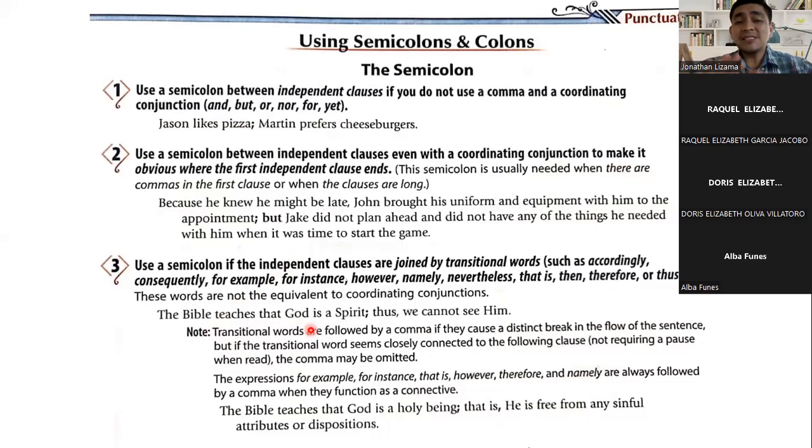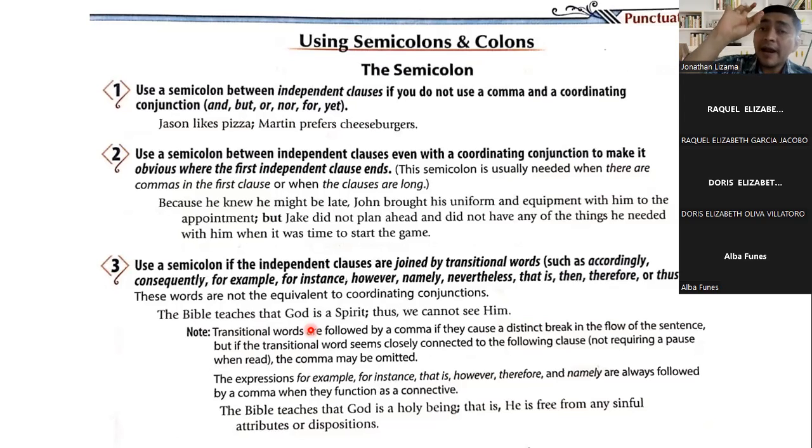¿Por qué la segunda no es cláusula dependiente? Porque si fuera una cláusula dependiente tendría que llevar un conector como when, como while, como if, o como that. Pero como no hay eso, no es dependiente, sino que es una cláusula independiente, pero que siempre habla del mismo punto de vista. The Bible teaches that God is a spirit. Semicolon.